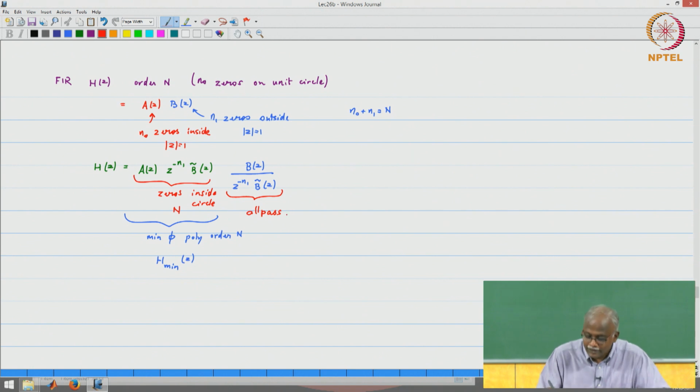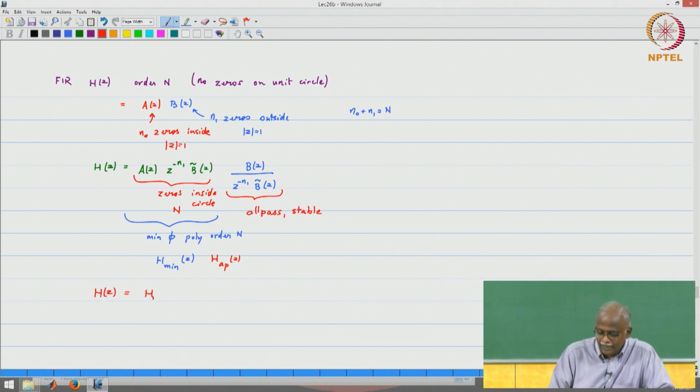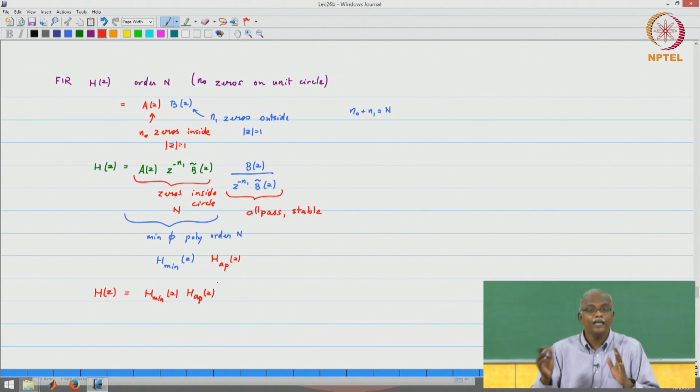Therefore, this is a stable all pass, and all pass means magnitude equal to 1. So this is HAP of Z. So this is where the statement comes from, where we say that any FIR transfer function can be written as H min of Z times HAP of Z, where HAP is a stable all pass transfer function.